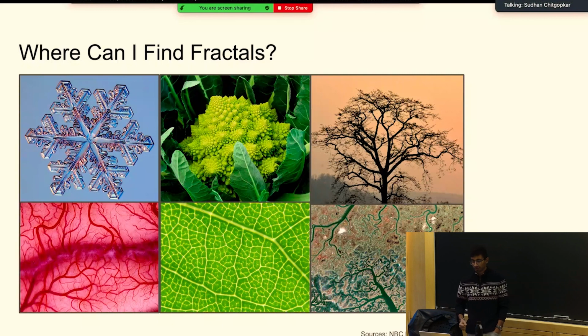The second picture I have up here is Romanesco broccoli. And I absolutely love Romanesco broccoli. I don't think I've ever eaten it, but I have seen lots and lots of pictures of it. And I think it's really, really cool how precisely self-similar Romanesco broccoli is. Like we said, lots of patterns in nature aren't going to be super duper self-similar. Romanesco broccoli is one that tends to be quite self-similar.